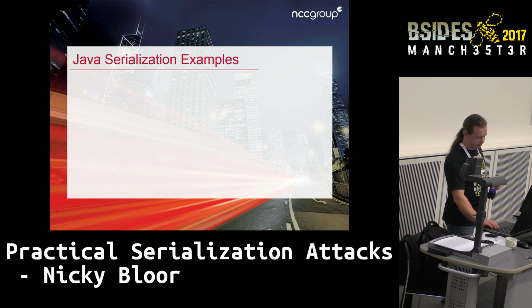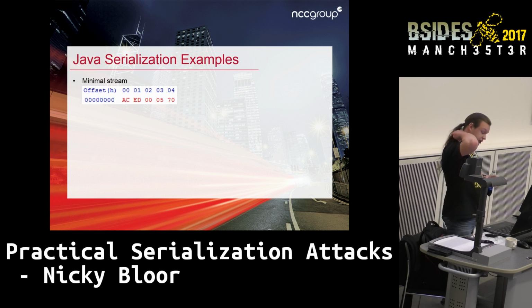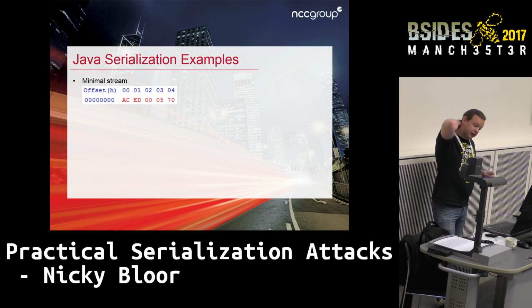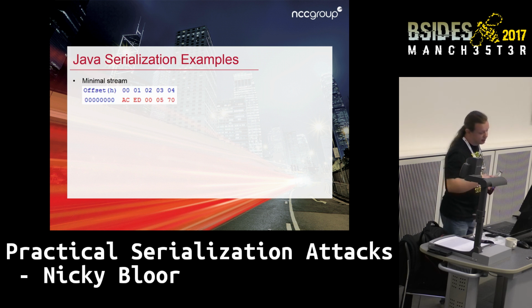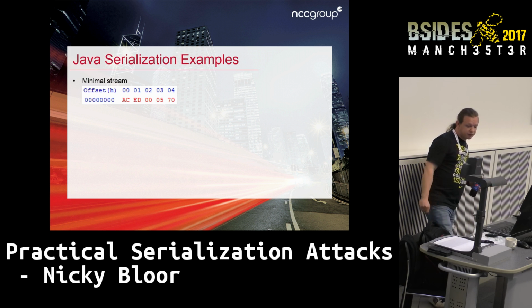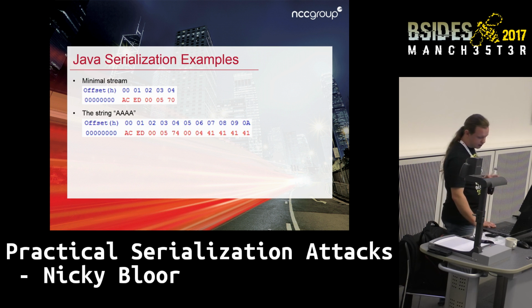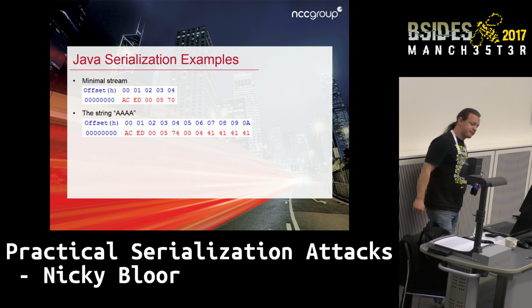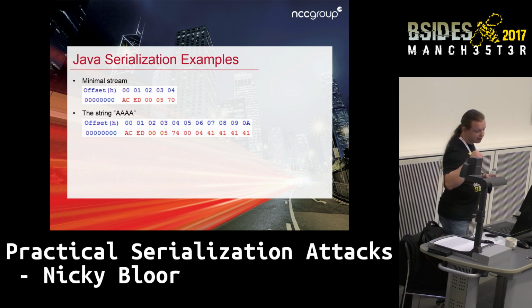So I've got some examples to show you what serialized Java data can look like. First one is a minimal stream. So we've got the ACED, the serialization header, 0005, which is the version number, and then 70, which is null. Next, the string AA. This time, byte 5 is 74, which is a string content element.